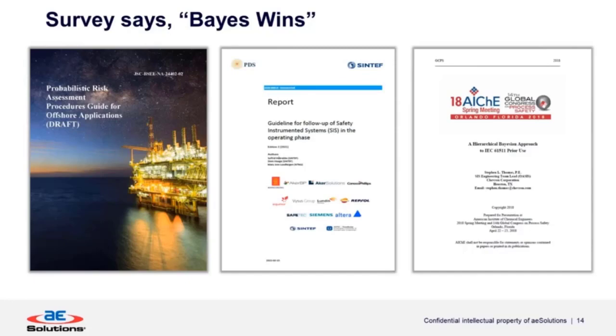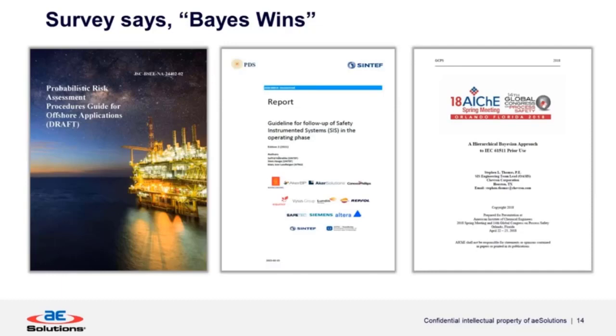The new Syntev report on maintenance and failure data, using that from the operating phase, is a Bayesian-based system. There was a paper written a few years ago on hierarchical Bayes that laid out, given functional safety, how to implement this industry-wide and how to structure it.